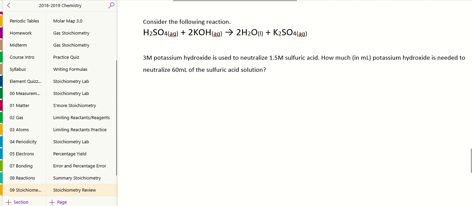So, what are we starting with here? We're starting with 60 milliliters of sulfuric acid. 60 mL of H2SO4. Now, how do we convert from a unit of volume to a unit of moles?